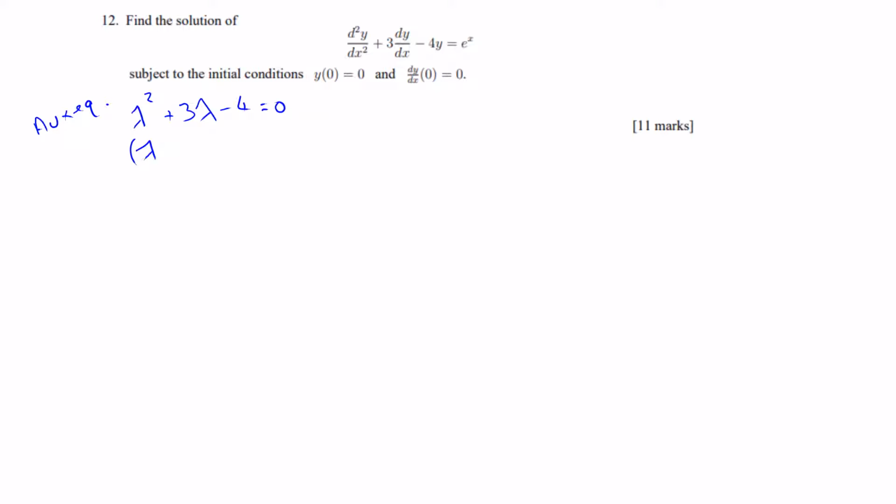So we can factorize it nice and simply: lambda plus 4 and lambda minus 1. So therefore we know that lambda is 1 and negative 4. So this gives us our complementary function, which is some constant A e to the x plus some other constant B e to the negative 4x.